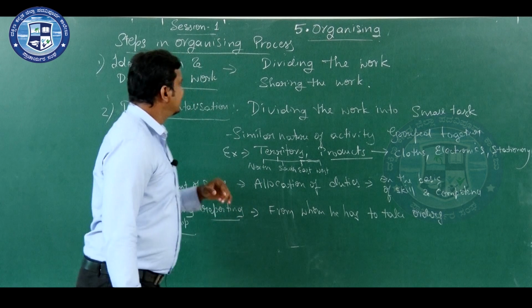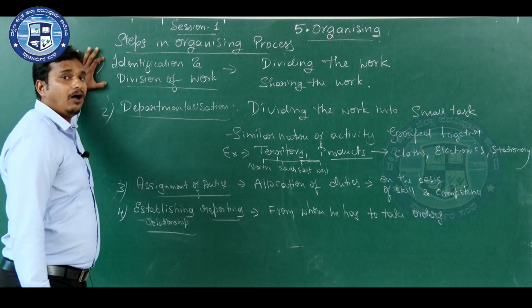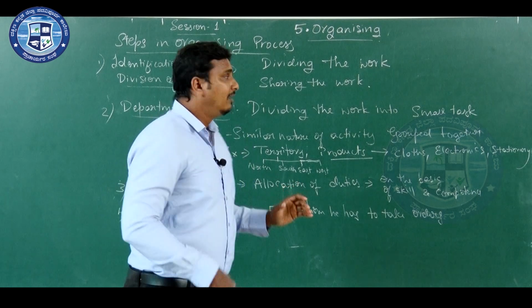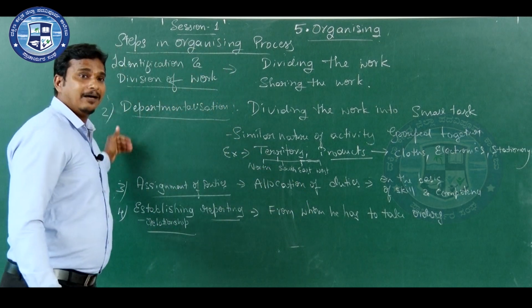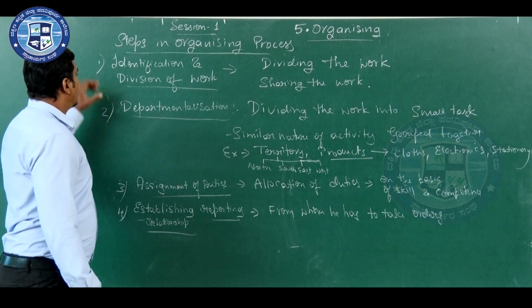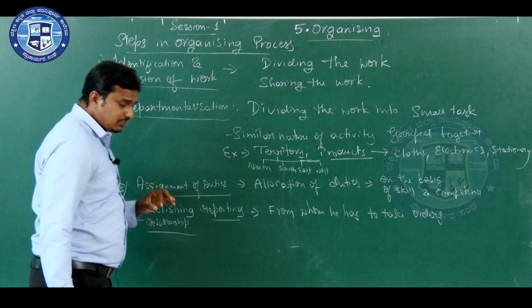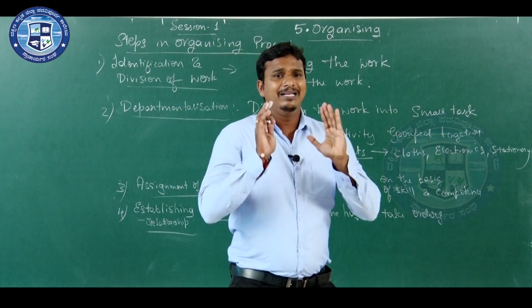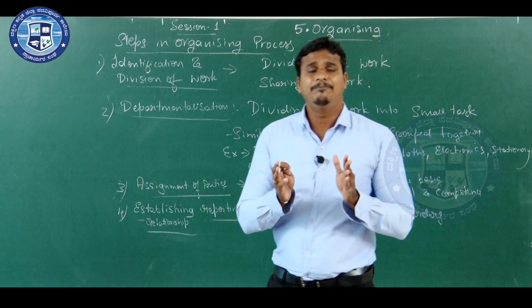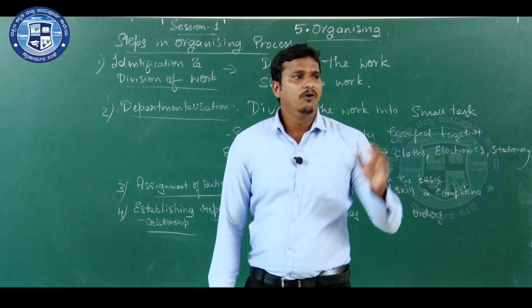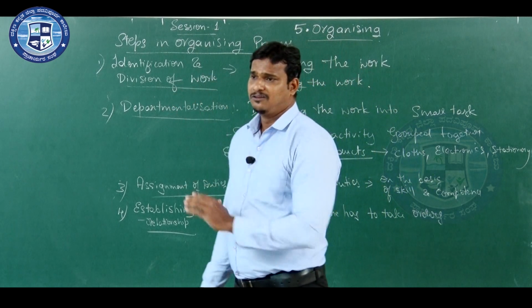So, let us discuss the first step in the organizing process. The same example will be covered in this concept. Let us go with the first step, identification and division of work. At the beginning, you have to identify the work. What works are there? Identify.